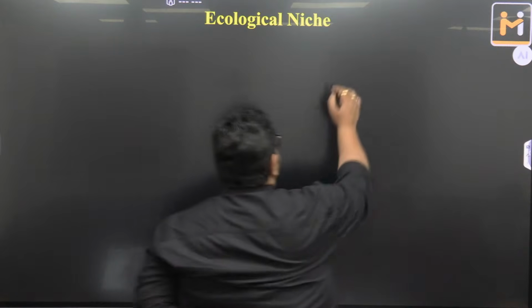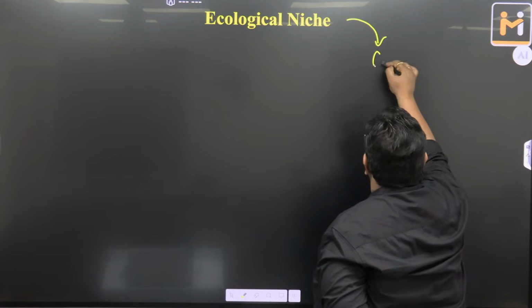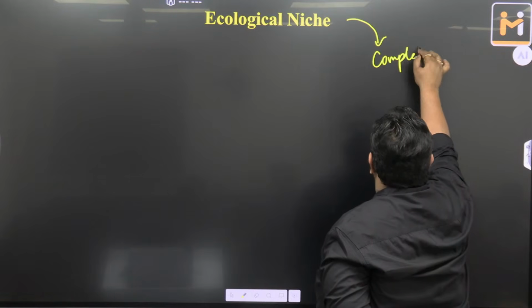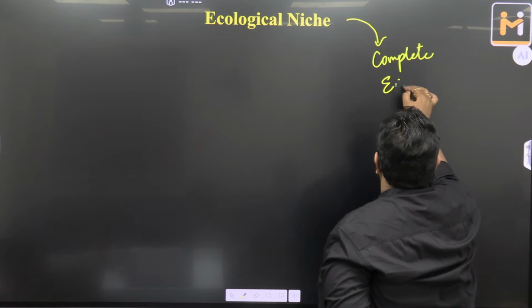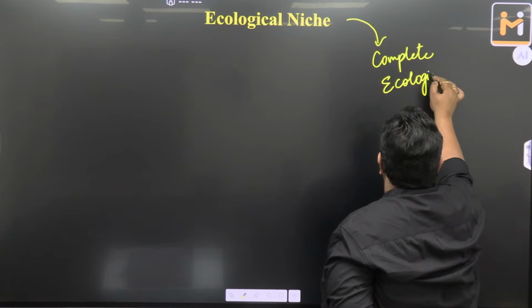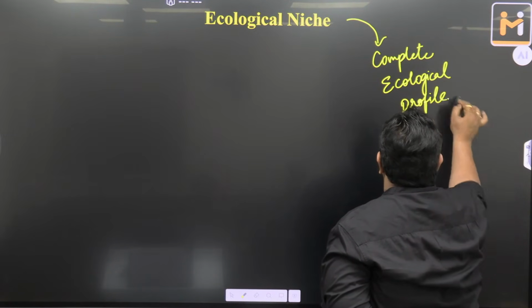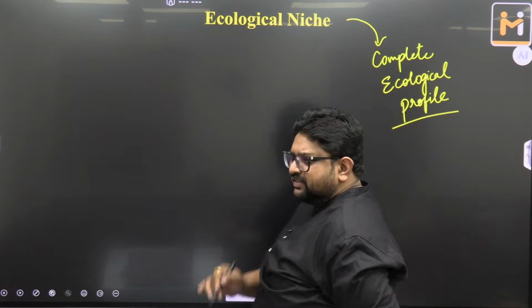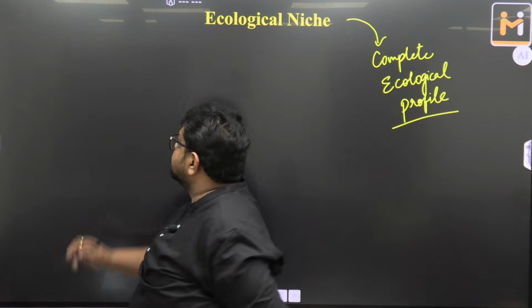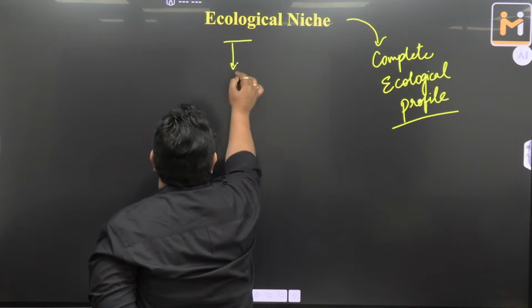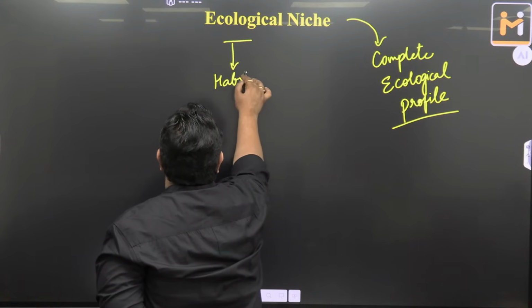So niche is basically a complete ecological role, a complete ecological profile of an organism. It includes everything. It includes where it lives, its habitat.